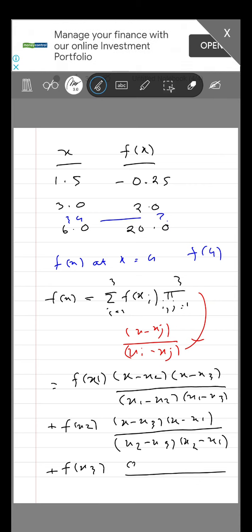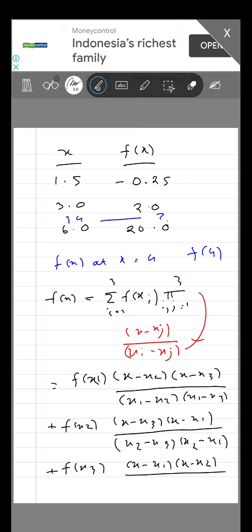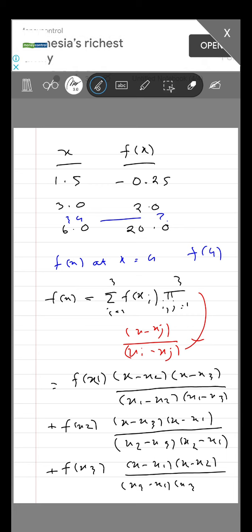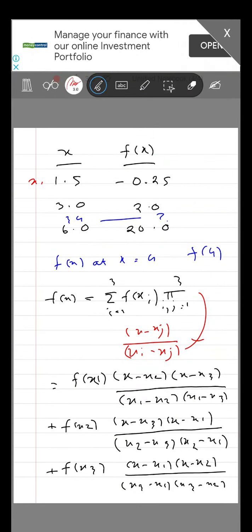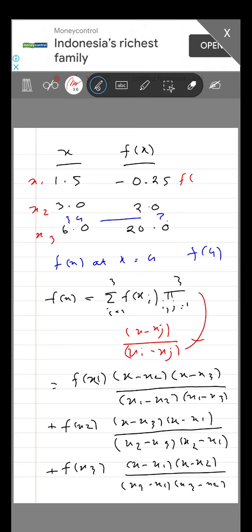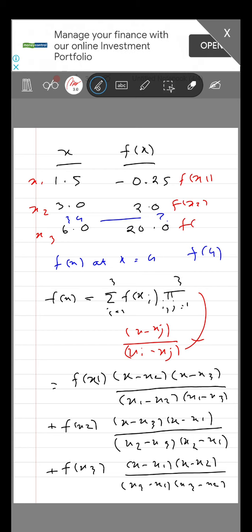So it will be (x minus x1) into (x minus x2), divided by (x3 minus x1) into (x3 minus x2). So if we put all the values, we have x1, x2 and x3, and f(x1), f(x2) and f(x3).